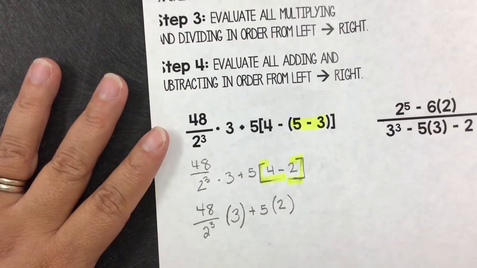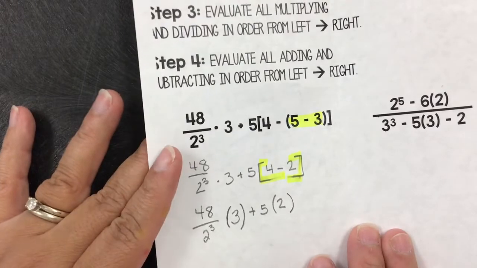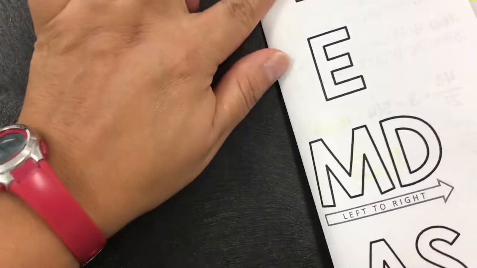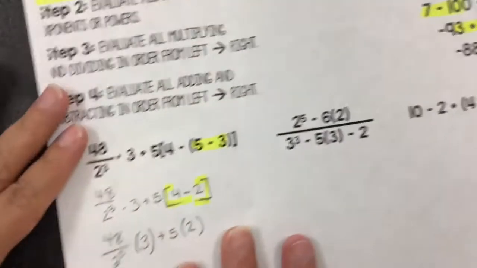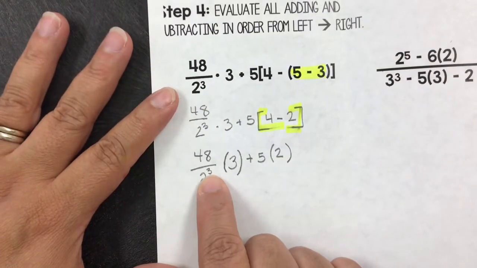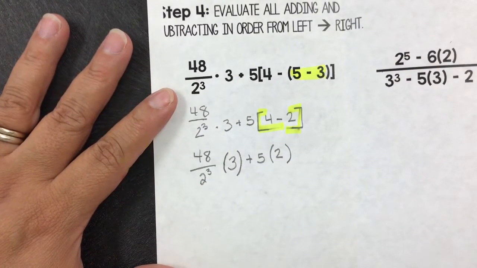The next part, so that's the parentheses, would be exponents. On here, we have that 2 cubed.